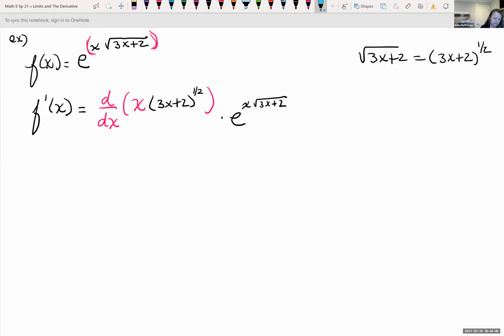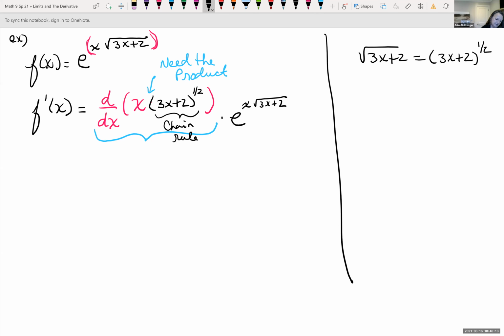Okay, so when we take the derivative of the exponent, notice that we have to use the product rule. And within that product rule, when we take the derivative of what was the square root, we're going to have to use the chain rule. So looking at the derivative of the exponent, now I'm going to write it out.